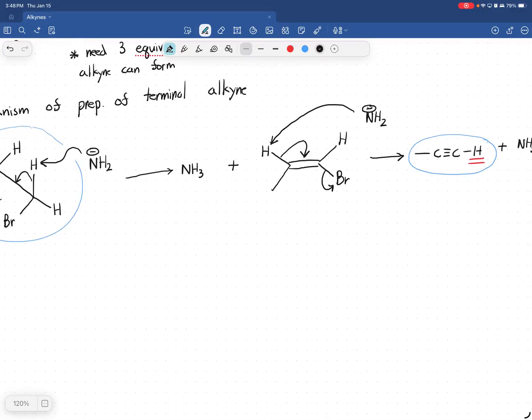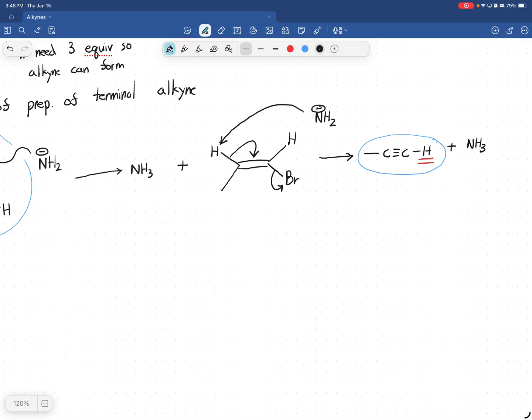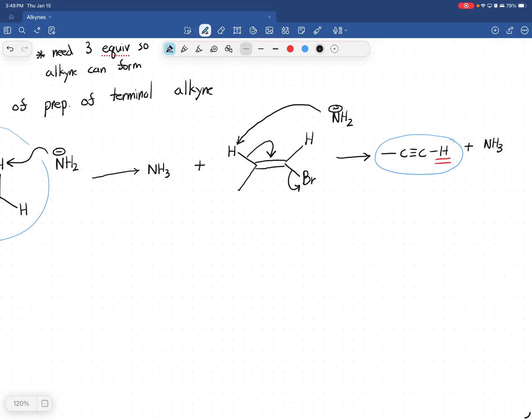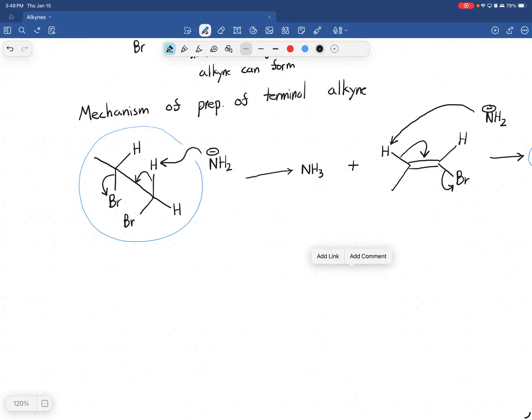So I'm going to rewrite this molecule on the next line here. So let's take our alkyne again. Okay, so a third equivalent of sodium amide will come by and deprotonate the alkyne.